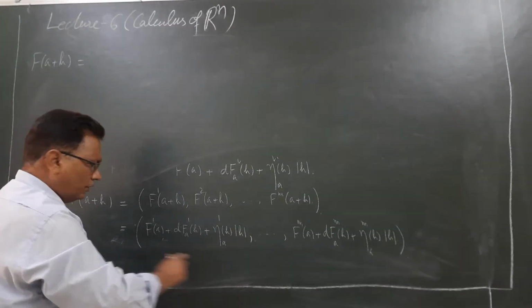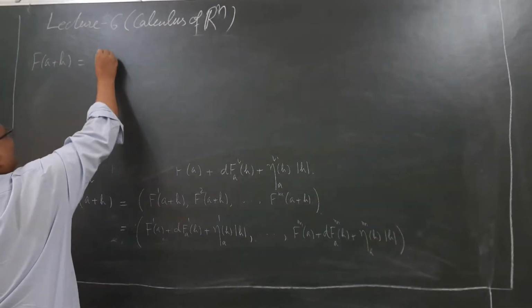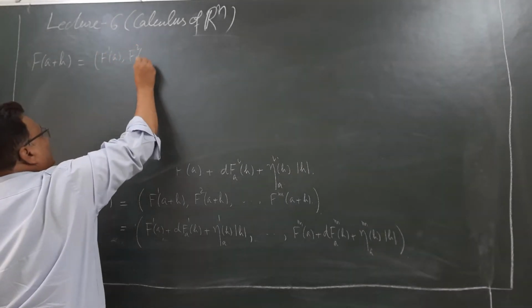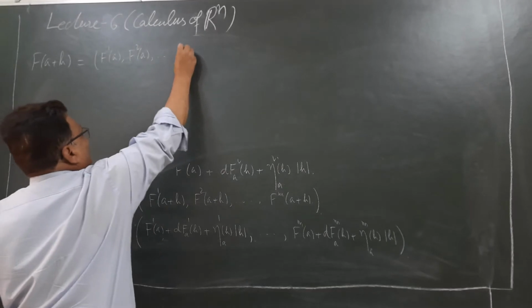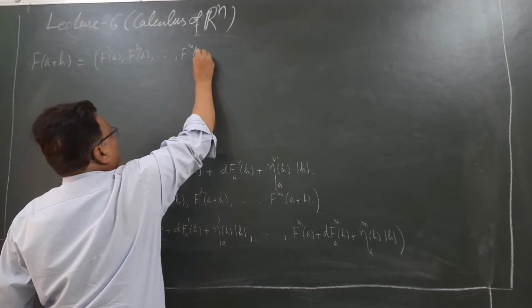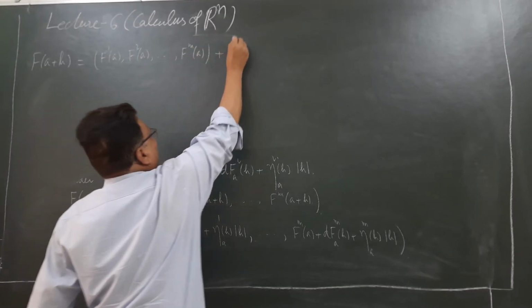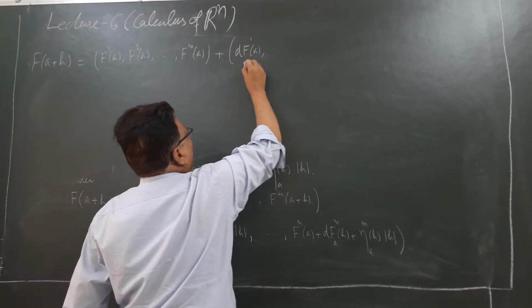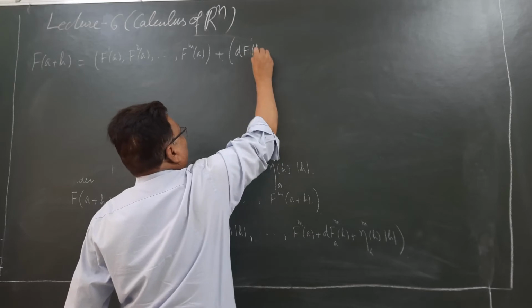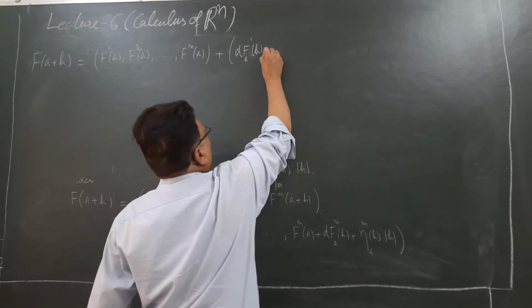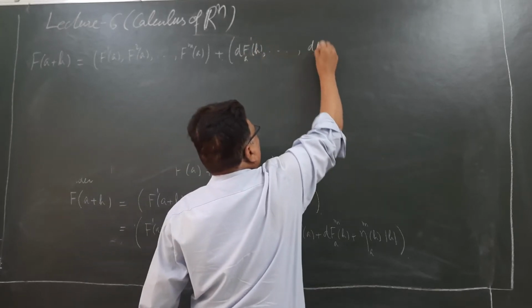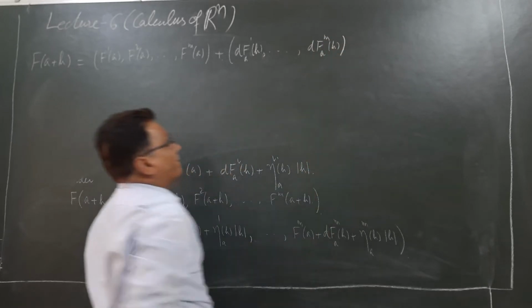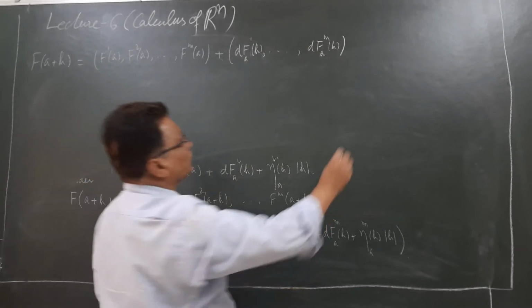So I will write them down as the column f1 of a, f2 of a, fm of a, plus the column df1 at a of h, up to dfm at a of h, plus the last one.